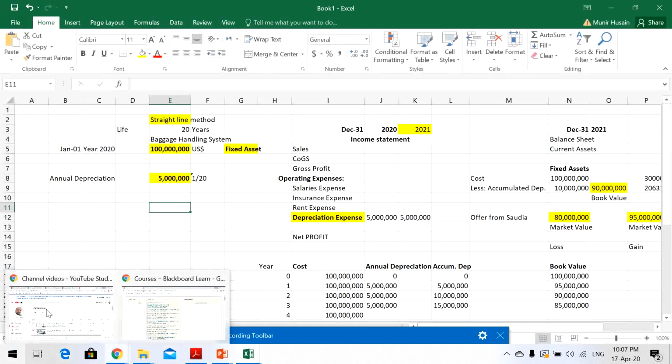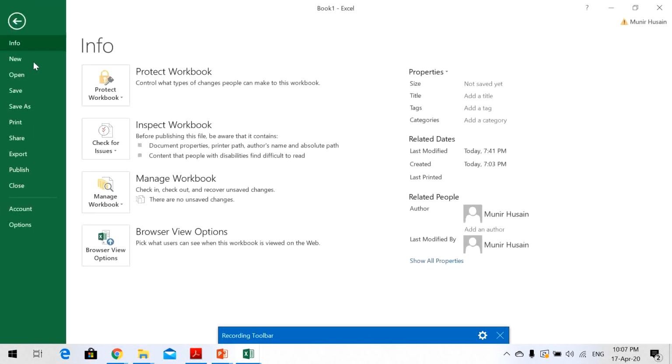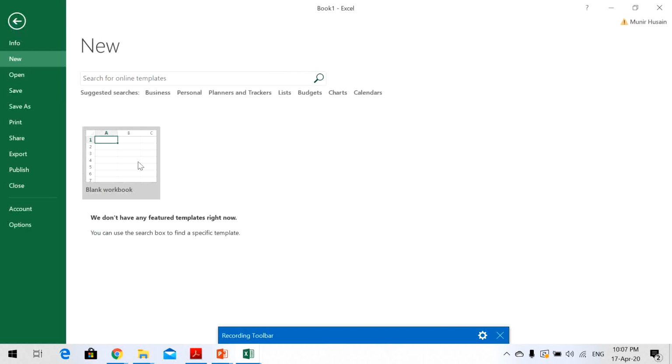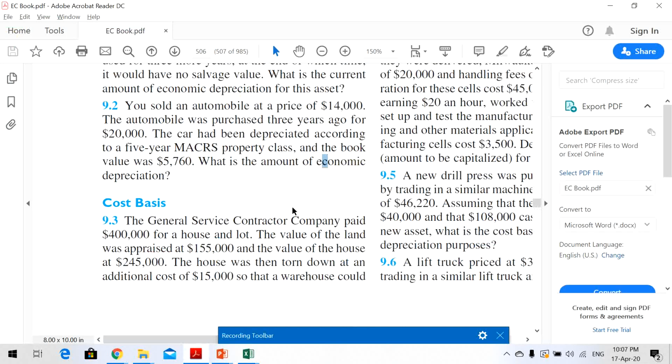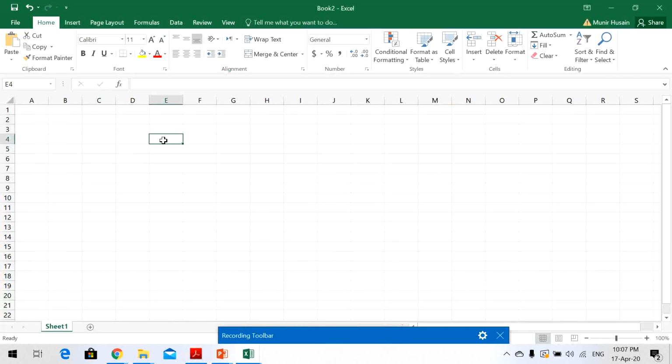So this contracting company paid a total of 400,000 for a house and lot, right?